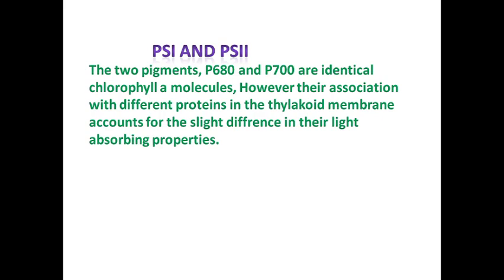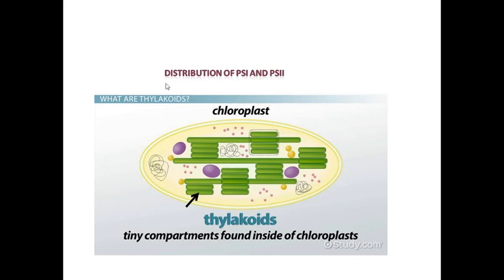It is because different proteins are associated with the pigment system. It is not because of the chlorophyll molecule. It is because of the different proteins bound to the pigments in the reaction centers of both pigment system first and pigment system second that they absorb at different wavelengths. I hope I am clear here.